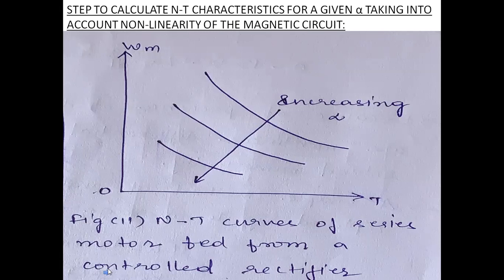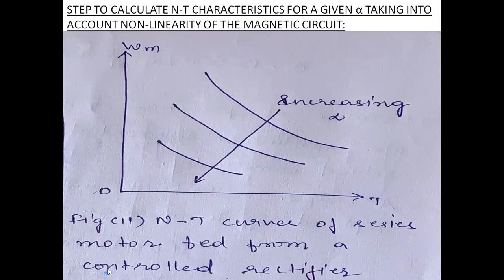The third step is, for a known value of alpha, we have to calculate the value of VA from the equations shown before, 23 and 13. Equation 13 is 2 Vm by pi cos alpha, and equation 23 is VA equal to Vm by pi (1 plus cos alpha).